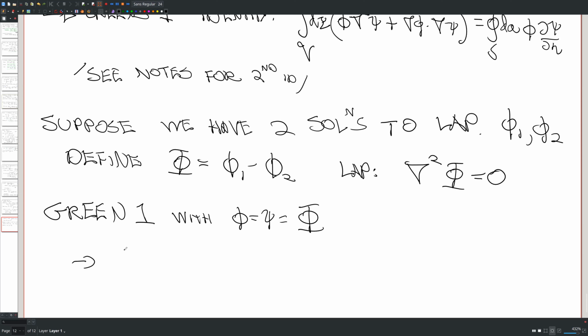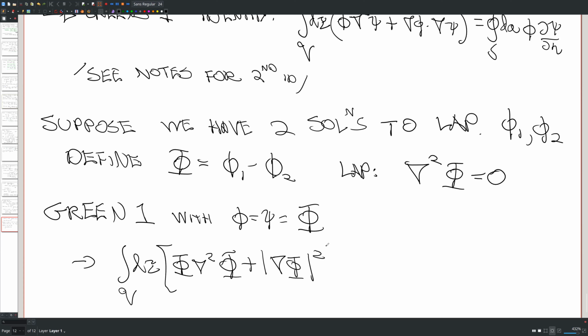It tells us that the integral over the volume d tau of big phi Laplacian big phi plus grad big phi squared is equal to the integral over the surface dA of big phi with d big phi dn. Okay, and we're there. So this one is 0.